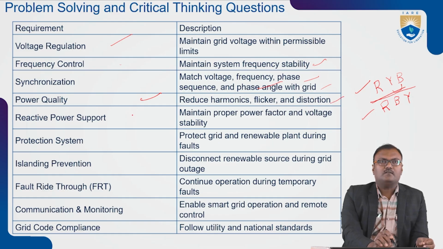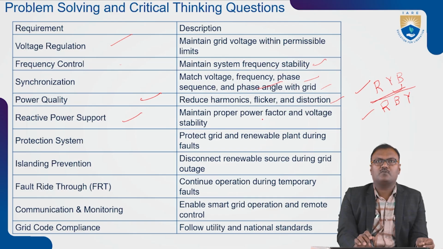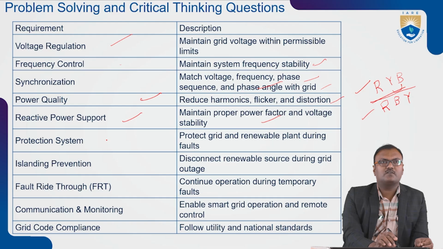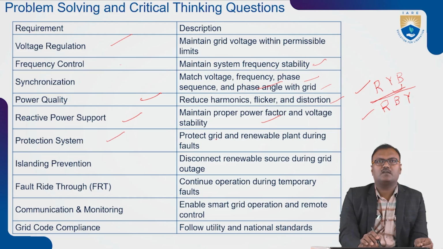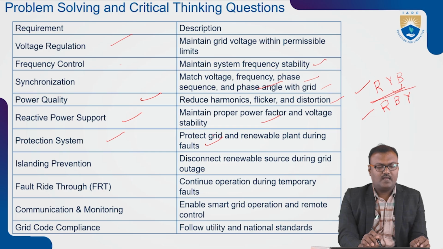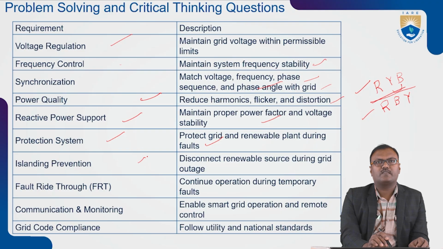Reactive power support maintains proper power factor and voltage stability. Protection system protects the grid and renewable plant during faults. Islanding prevention means disconnecting the renewable source during a grid outage, rather than operating the wind energy power plant in islanding mode.